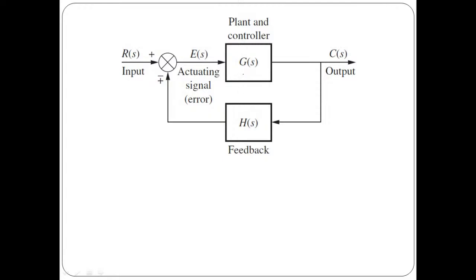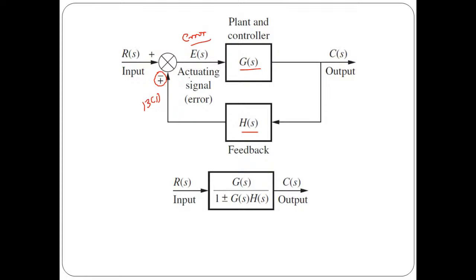So here G of S indicates forward path gain, H of S indicates feedback path gain, E of S indicates the error signal. Then somewhere over here we must have B of S, where B of S indicates feedback signal, R of S the reference input, C of S is the control output, and here we have taken both possibilities, positive feedback signal as well as negative feedback signal.